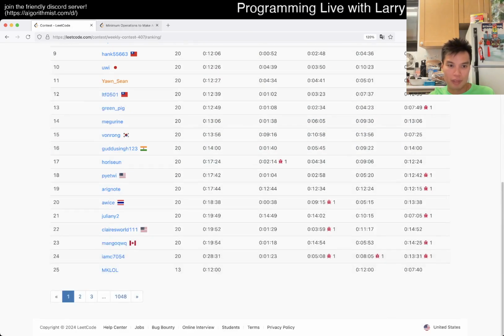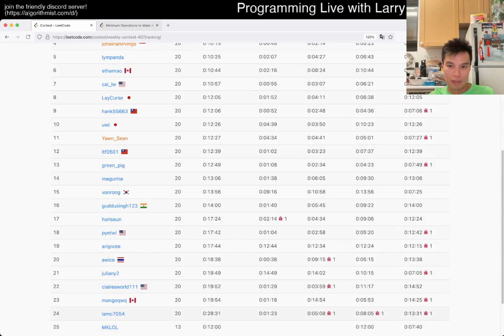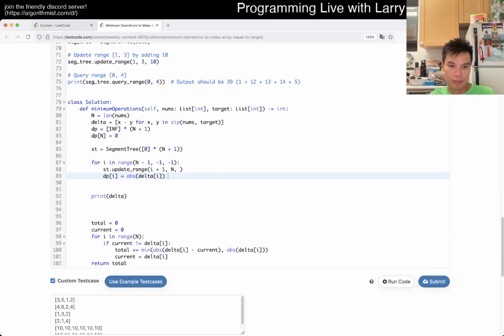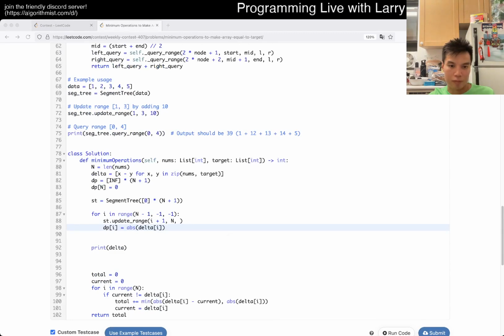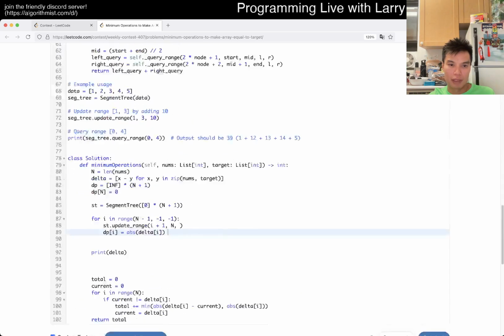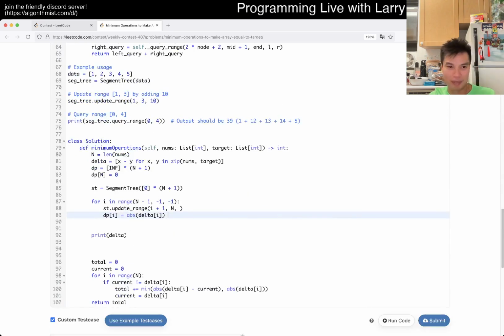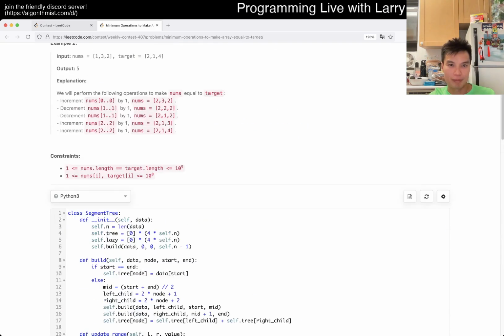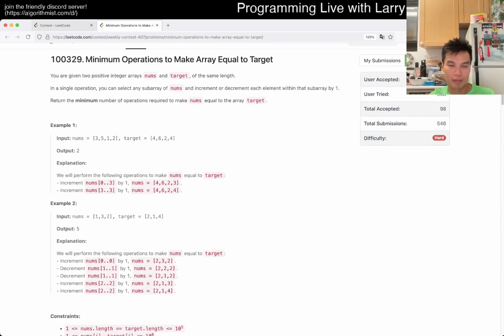These are all the top people though, so a lot of people are getting it. Am I doing correctly with the segment tree? So we max over that amount plus the next item, right?